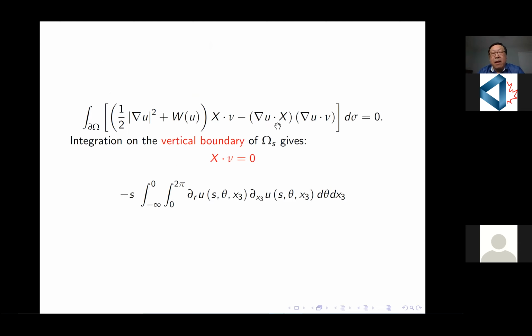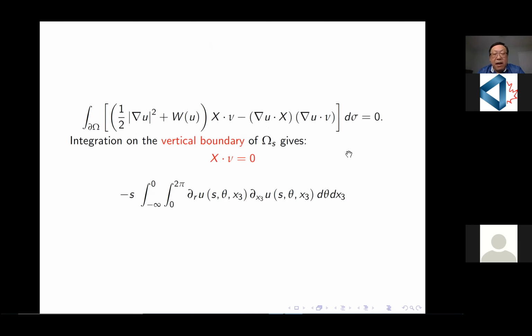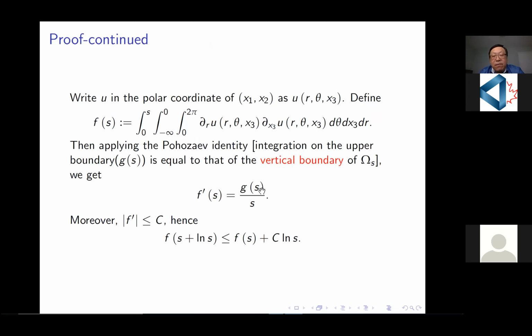So if we look at the antiderivative of this, let's call it f, we have this trivial identity, the Pohozaev identity, which is f prime of s equals g of s. Now, if we play with this identity, it's important.